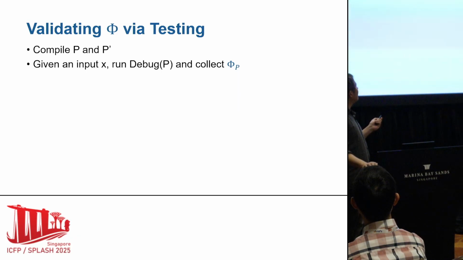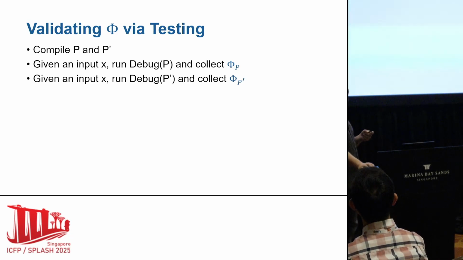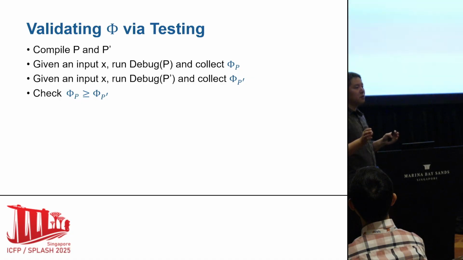And therefore, you can collect a set of debug locations for the unoptimized program P with respect to your input. Okay? And then you do the same thing for the optimized binary P prime, and you can collect a set of reachable locations in P prime. Because the property we want to validate is that one set is a subset of the other set, once you have two sets, it's very straightforward to check the subset relation.